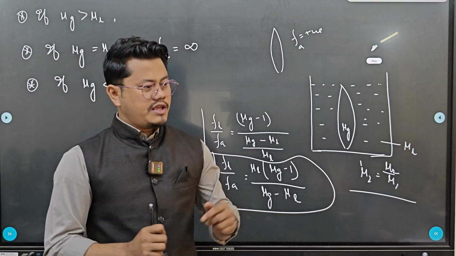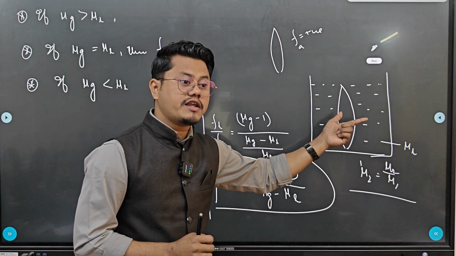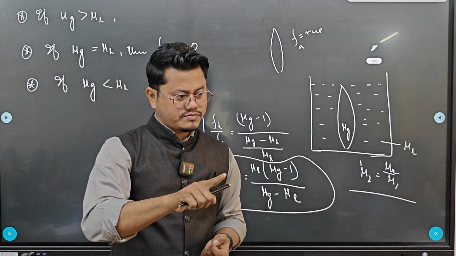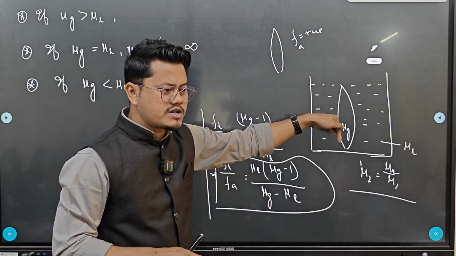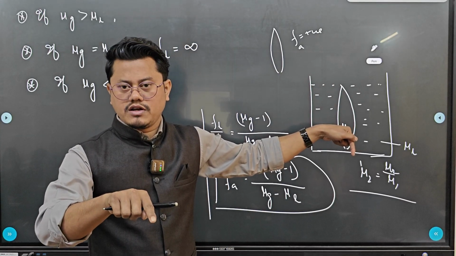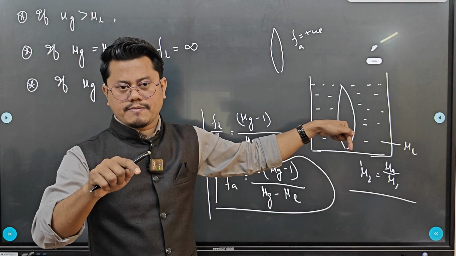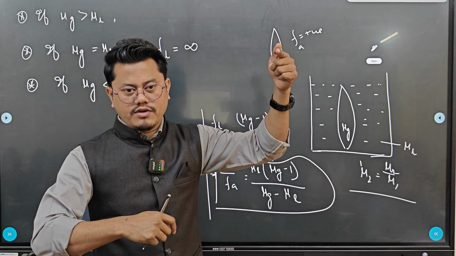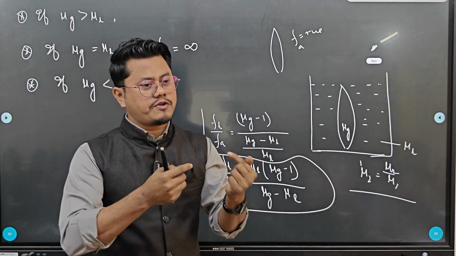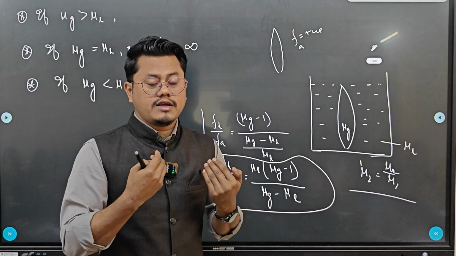If I consider the other lens, concave, for concave in air it is negative. But if I immerse the concave lens inside a liquid, it automatically becomes positive. The sign will reverse. So if the lens in air is negative, and when immersed inside a liquid it becomes positive, it means it is changing its nature.